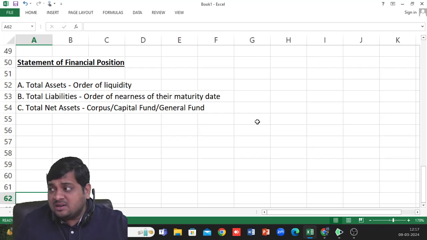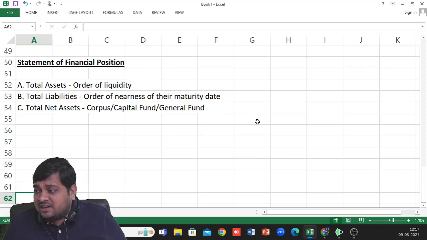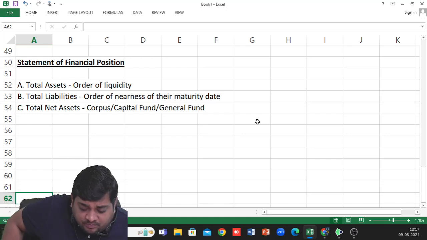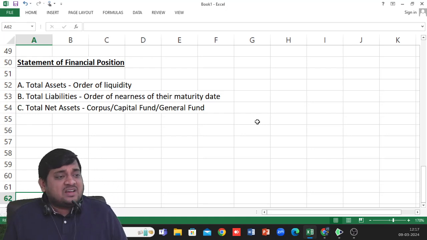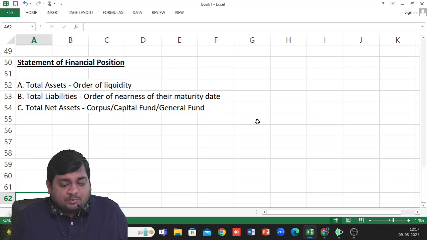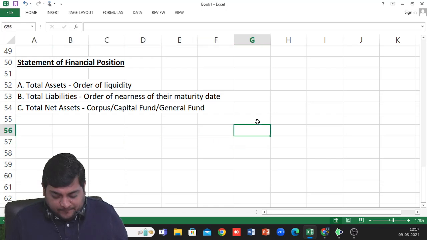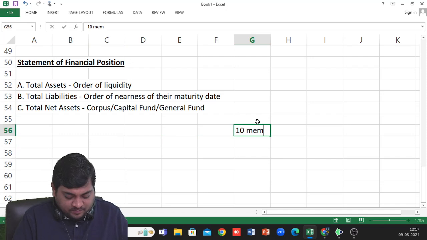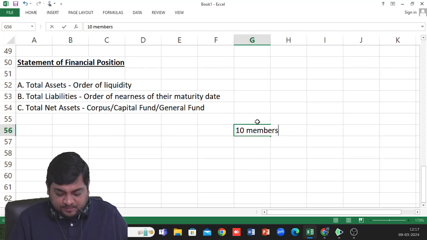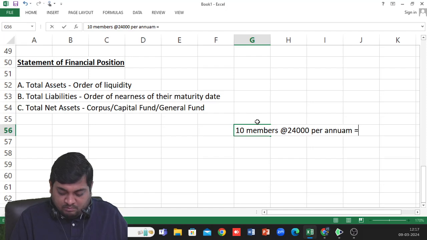Now whatever funds this organization has collected or generated, maybe members have contributed something. Suppose there are 10 members, each has contributed 24,000 per annum.